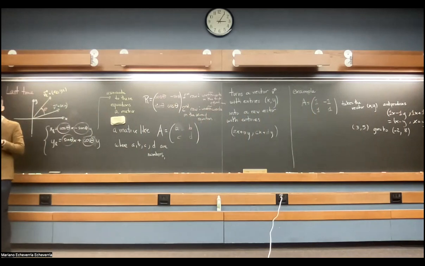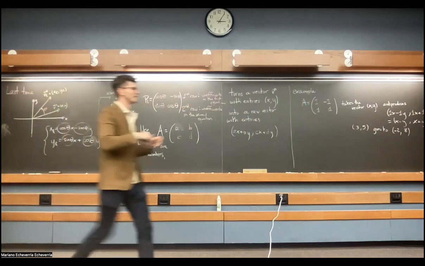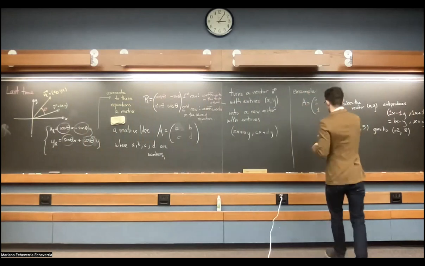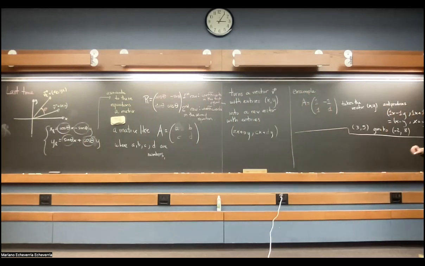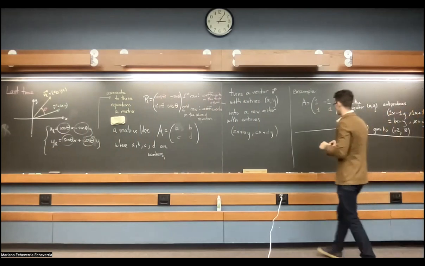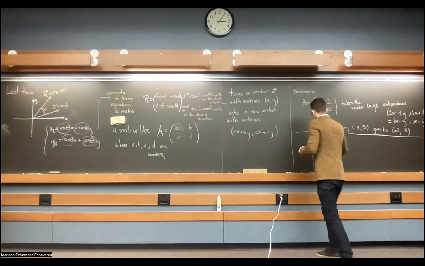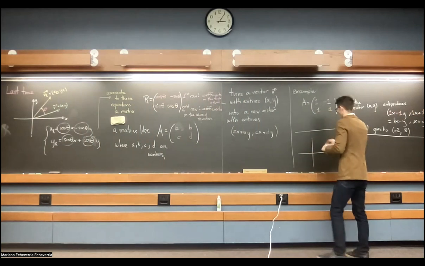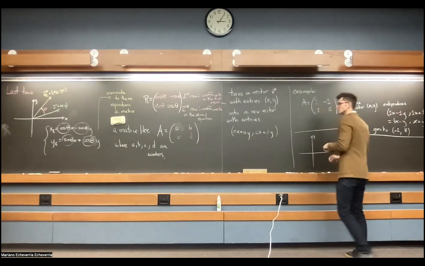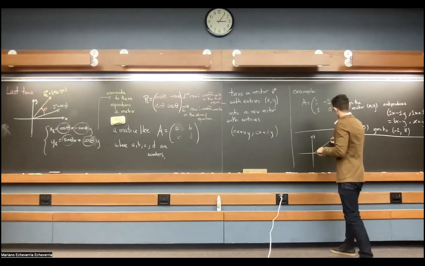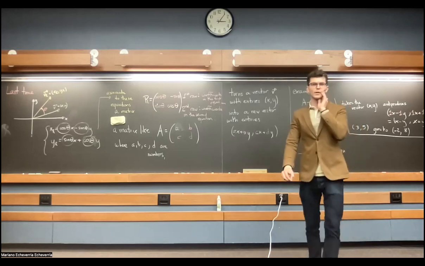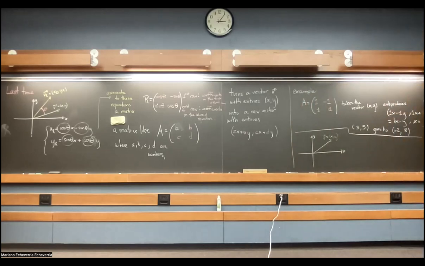Let's do another one that looks a lot easier, but it's actually useful to keep in mind. Here's another example of what you could do with a vector. Imagine that I had a vector, again, xy, and I put a mirror along the x-axis.